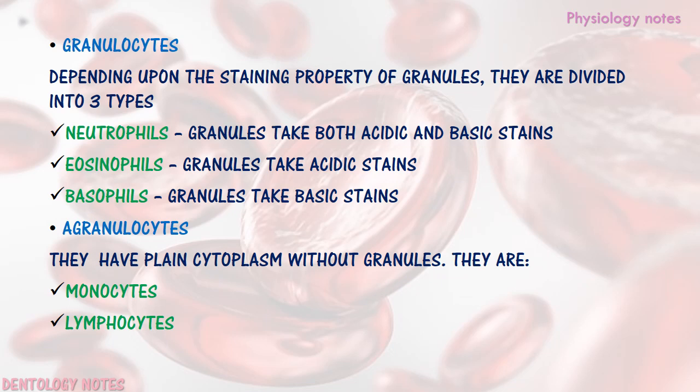Neutrophils, granules take both acidic and basic stains. Eosinophils, granules take acidic stains. Basophils, granules take basic stains. Agranulocytes have plain cytoplasm without granules. They are monocytes and lymphocytes.